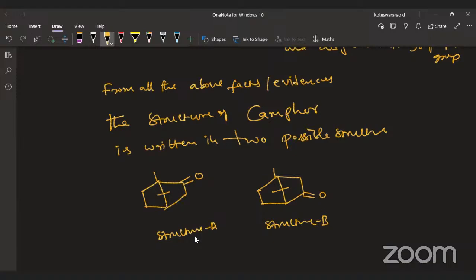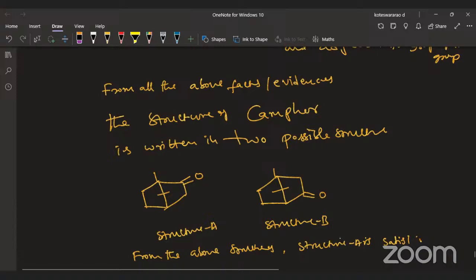From the above structures, structure A is satisfying all the above conditions.